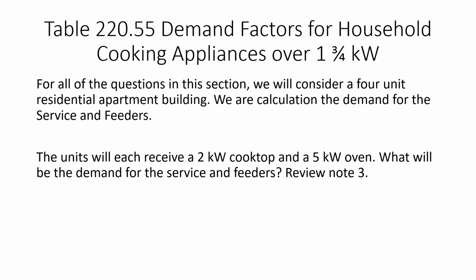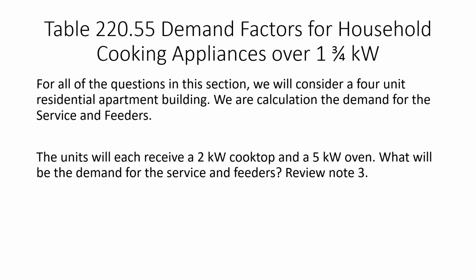And I want you to look at note 3. If you look at note 3, it'll tell you that you've got to figure out the appliances that are between 1 3/4 and 3 1/2, the ones that are for column A. You've got to do those separately. You've got to do the column B one separately.